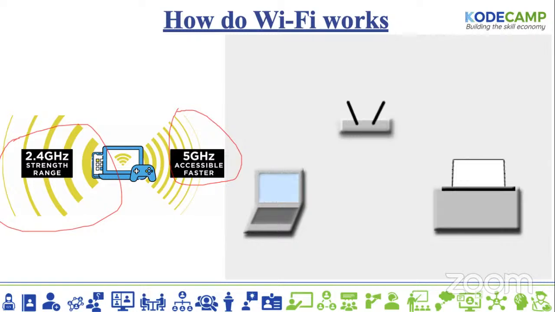So the ones and zeros that you requested are now translated into this waveform, which is carried by the Wi-Fi chip embedded in your device.